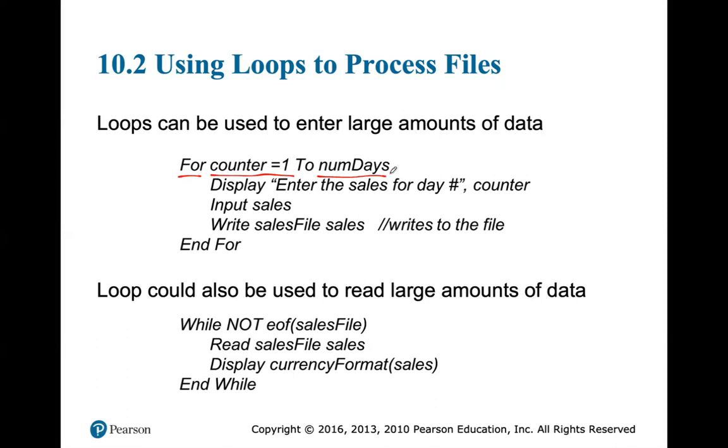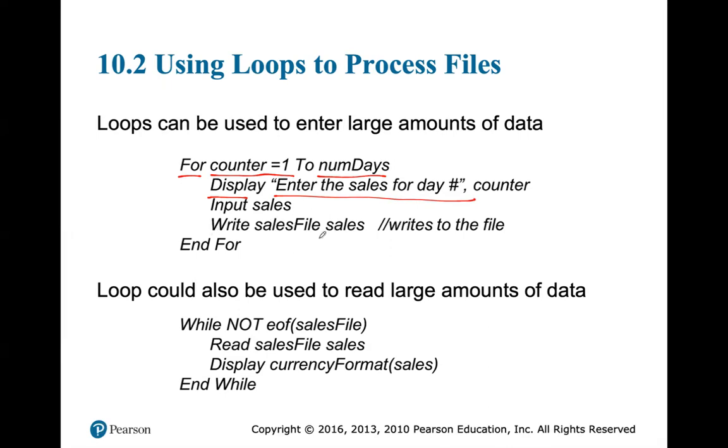Num days is just a variable. We don't really know what that variable contains. So for now, it's just number of days. And then we're going to display "enter the sales for day 1," for example. Then we're going to get the user to type how many sales they did for that day.